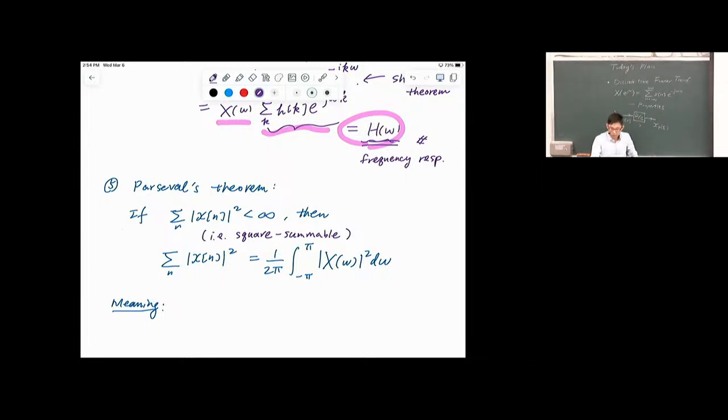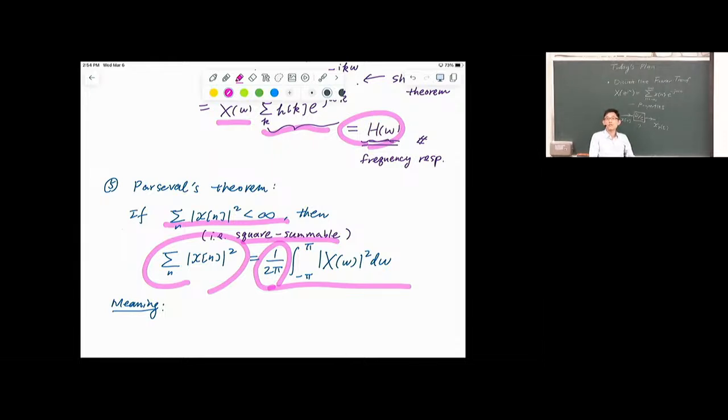If the signal is square summable, then it turns out that the sum equals this integral divided by a normalization factor of 2 pi. And they always equal. This is a very strong condition, and it is called Parseval's theorem.